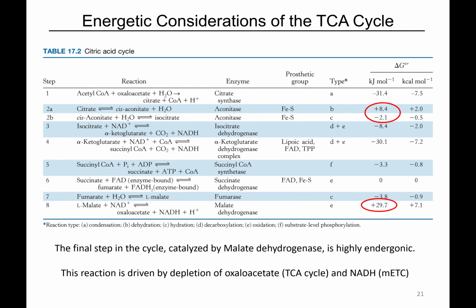So we are in the matrix of the mitochondria. And if you don't know already, you'll know next week, the way that the mitochondrial electron transport chain works is it pumps protons out of the matrix into the inner membrane space, right? That's the proton gradient we're talking about. So in addition, we deplete the proton concentration. So every one of the products of this reaction gets depleted, which lets this reaction be driven forward.